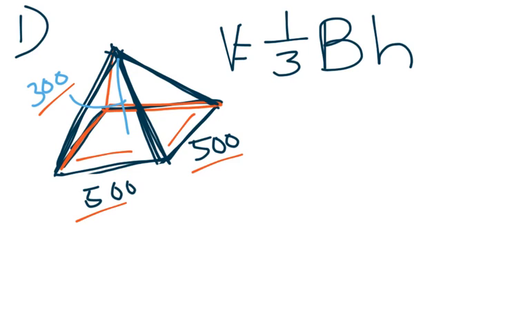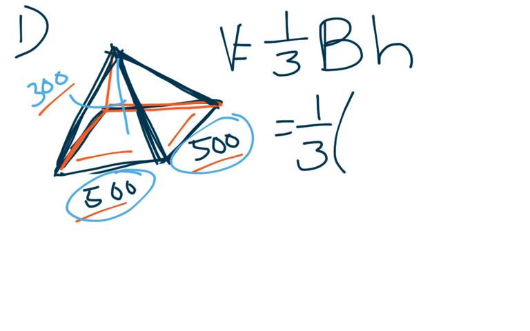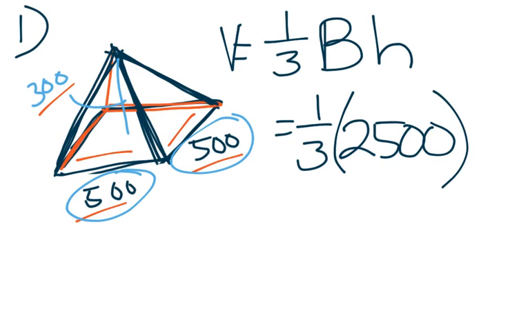So in order to find the base of the pyramid, we're going to multiply length times width. So that's 500 times 500. So that is 1/3, 500 times 500, which is 250,000, times height, which is 300.